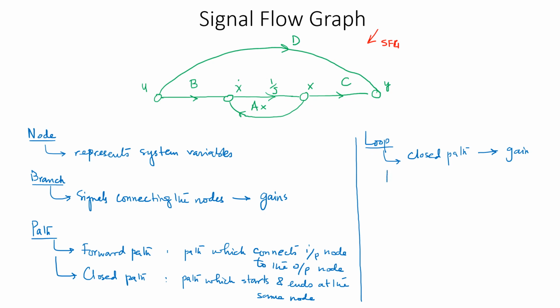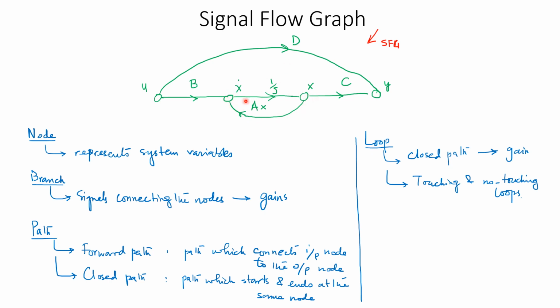Moving on, in the loops you have another associated thing to be consciously aware of, and that is the concept of touching and non-touching loops, especially needed for the subsequent analysis. So in this particular scenario, the example would be that this path starting from U all the way to Y using the feed-forward matrix in the middle, this loop is non-touching to it.